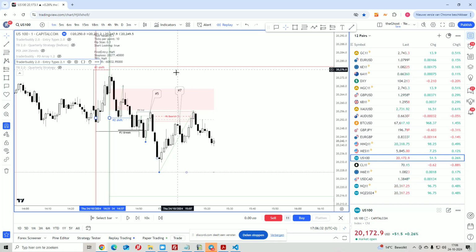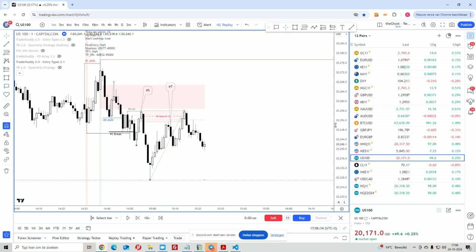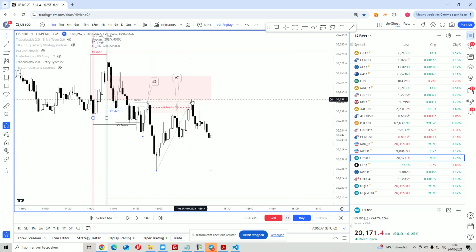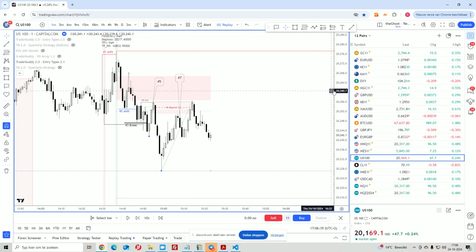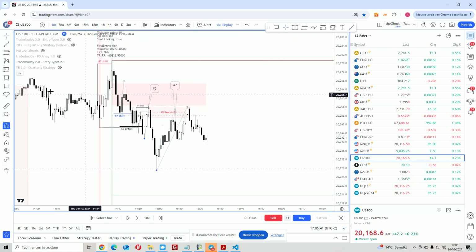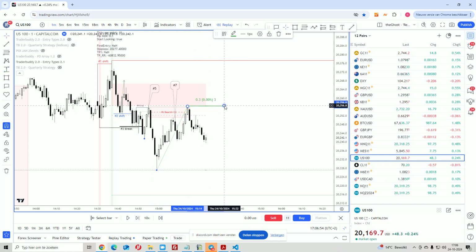We could have just missed this entry, but if you see it like this close, I don't know how much this is. Let's measure. How do I measure? This one. Okay, you were 3 ticks away from the entry. That would be very unsatisfying.